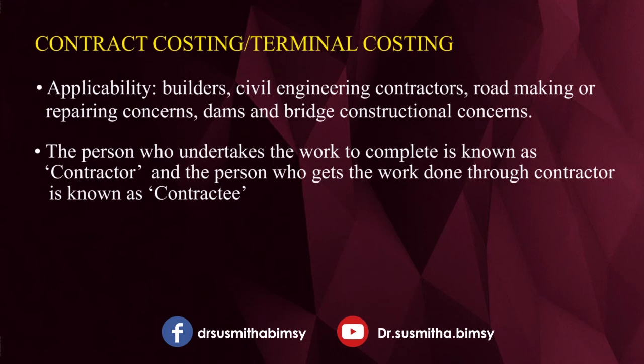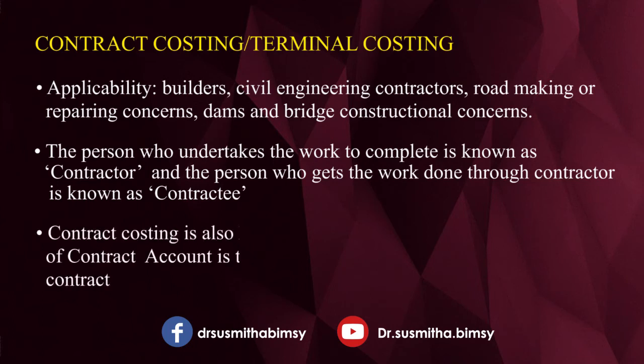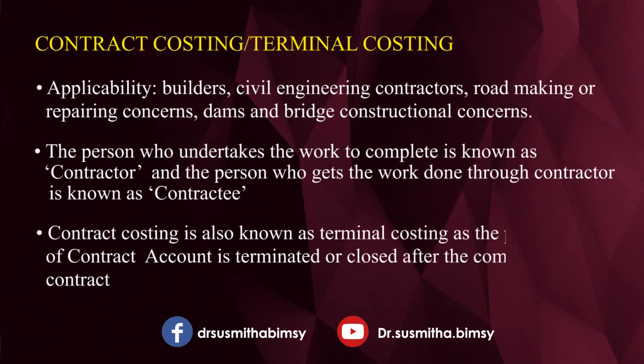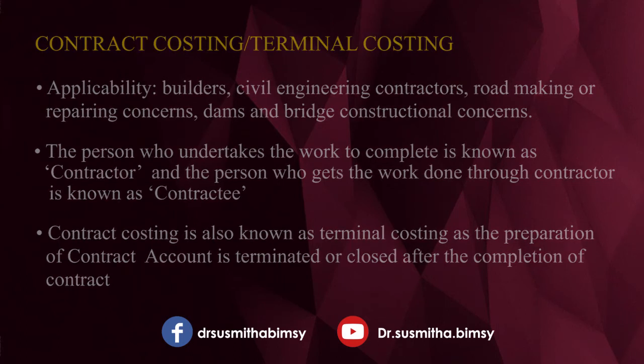In the accounting treatment of cost, the majority of expenditure is of a direct nature, that is material, wages, etc. Here I am only summarizing what contract costing is. Is that clear? One more important point: contract costing is also known as terminal costing, because the preparation of the contract account is terminated or closed after the completion of the contract, so it is also called terminal costing.